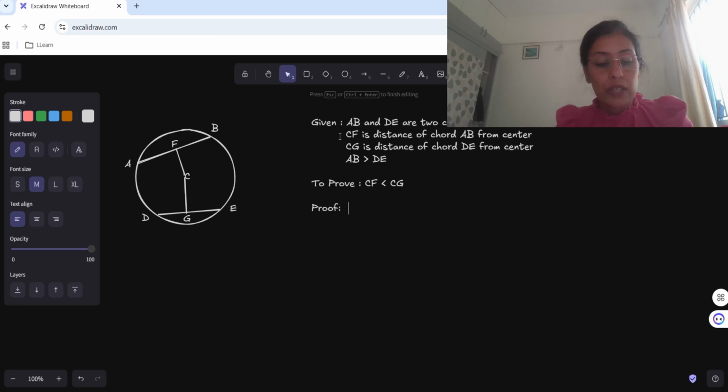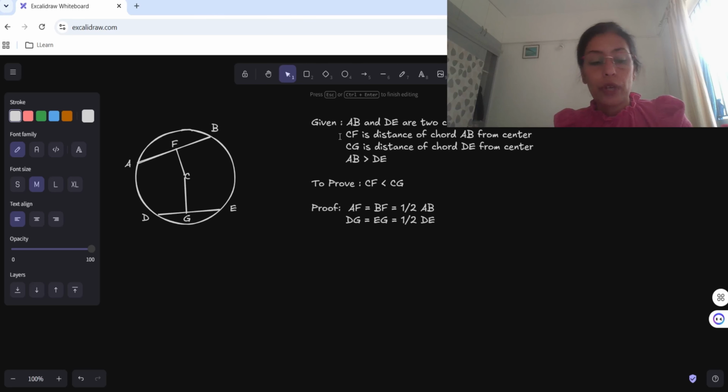So AF is equal to BF is equal to half of AB, right? Similarly, DG is equal to EG is equal to half of DE. Okay, these two things we know already.